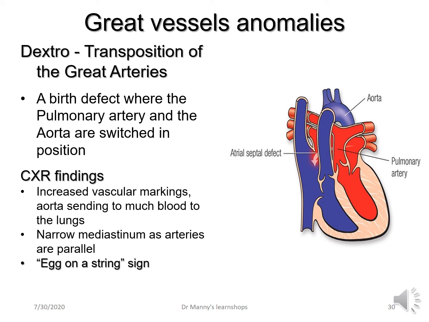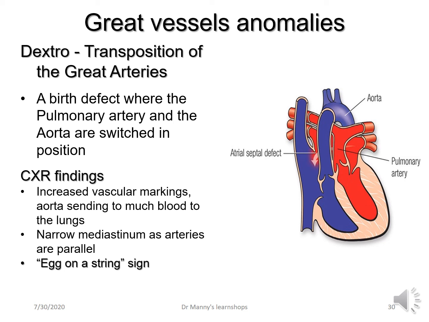On the reverse side, the oxygenated blood coming from the lungs goes to the left ventricle and is pushed back to the lungs. Unless there is an abnormal connection like an ASD or a VSD or a ductus arteriosus, the infant will probably die immediately because there's no oxygenated blood going to the tissues. However, on chest X-ray, you'll find increased vascular markings because the aorta is sending too much blood to the lungs.